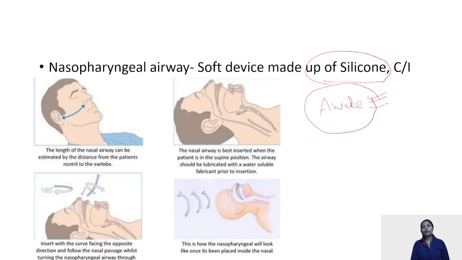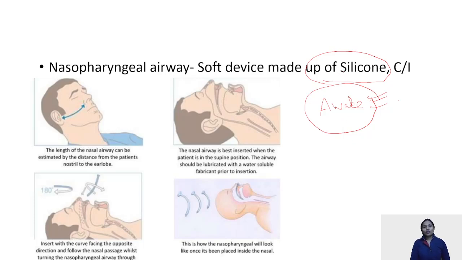You have to understand this because this is how the case scenarios come. As soon as we finish the airway, I'll be coming to those two case scenarios, which will help you differentiate when the oropharyngeal airway has to be used and when your nasopharyngeal airway can be used.